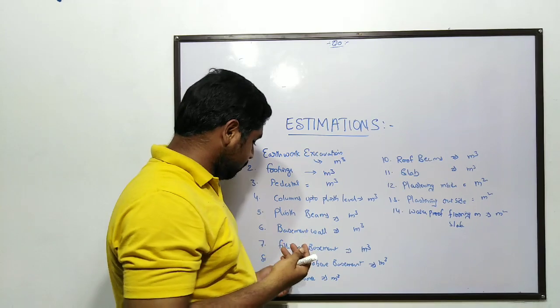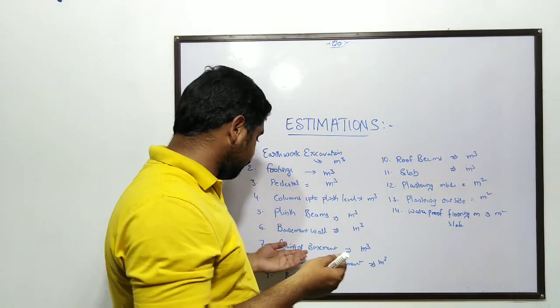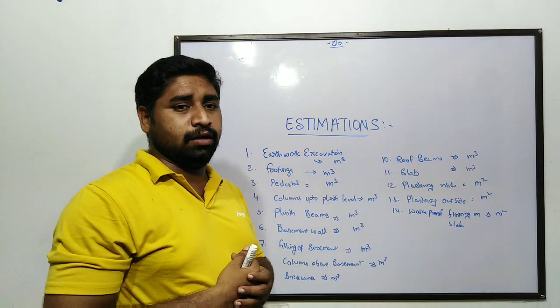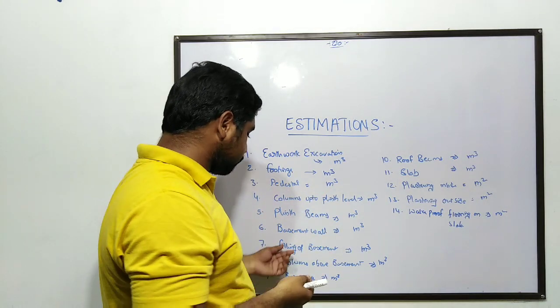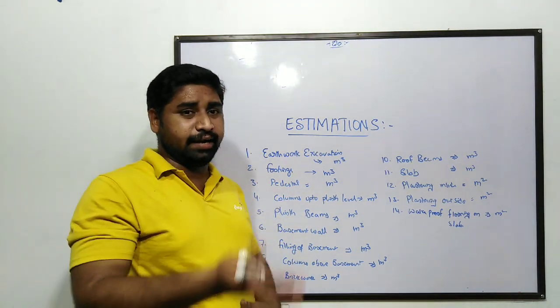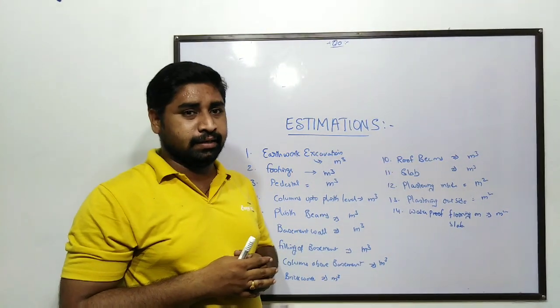Similarly, when you are going for columns, the height of the column is very important. If you are going for the basement wall, what is the wall height of the basement wall? Similarly, what is the height of the brickwork, and what is the thickness of the brickwork that is required.